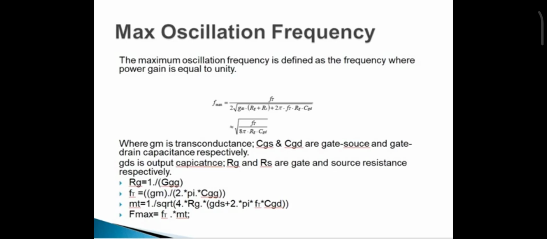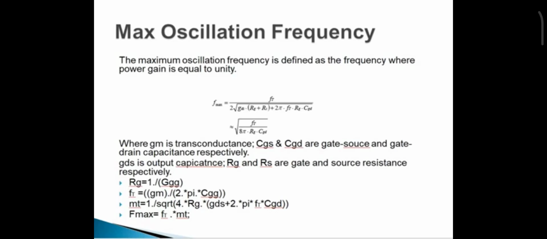The maximum oscillation frequency is defined as the frequency where the power gain is equal to unity, and the formula for Fmax is equal to cutoff frequency divided by 2 into square root of GDS into (Rg plus Rs) plus 2 pi cutoff frequency Rg into CGD, and its approximate value is equal to the square root of cutoff frequency divided by 8 pi into Rg CGD, where Gm is the transconductance, CGS and CGD are the gate source and the gate drain capacitance respectively. GDS is the output conductance.